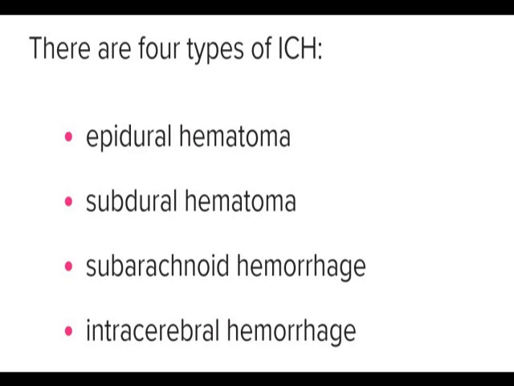It is divided into four: epidural hematoma, subdural hematoma, subarachnoid hemorrhage and intracerebral hemorrhage. Epidural hematoma means bleeding occurs between the outer membrane covering of the brain and the skull. And subdural hematoma occurs when a vein ruptures between the skull and the brain. It is life threatening and it usually results from a head injury.